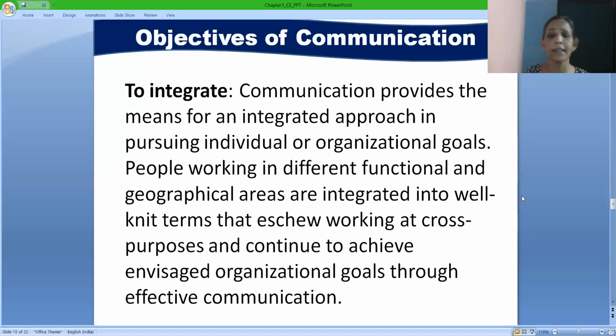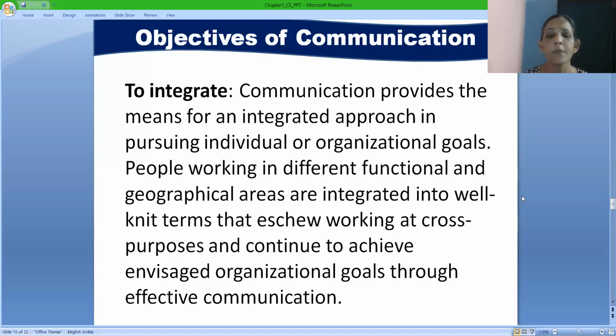The next is to integrate. Often when you have to connect one goal to the other, you need to understand that communication is not a one-day or one-time process. Communication is a flow of thought which goes on and on until you end your assigned task.